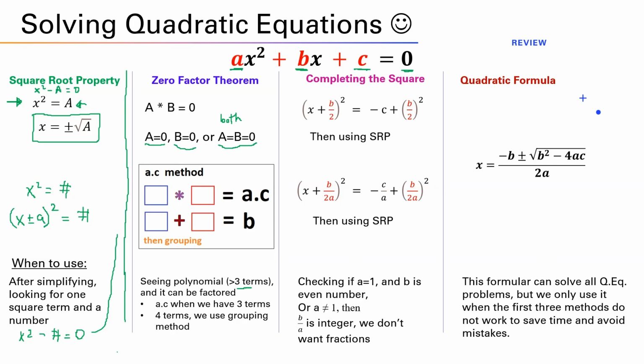For the AC method, A is the leading coefficient of the x squared term, and C is the number, right?